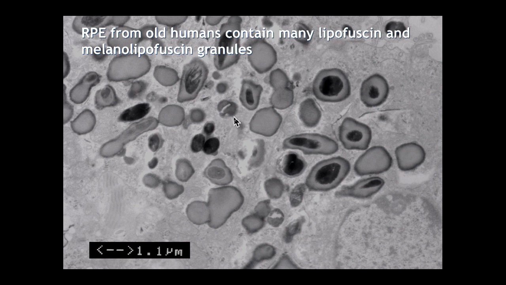In old patients, we do not have only lipofuscin granules, as you can see here in an electron micrograph. We also have a high amount of so-called melanolipofuscin granules. These granules consist of a melanin core and a margin of lipofuscin. You can see it here.